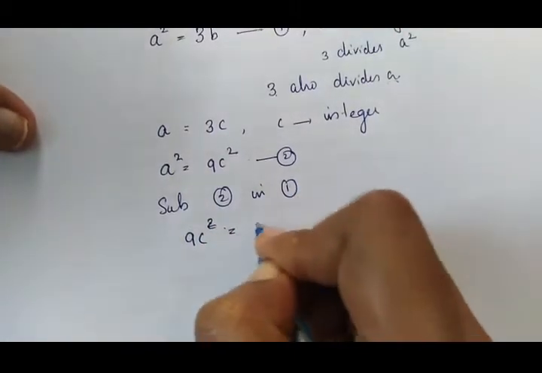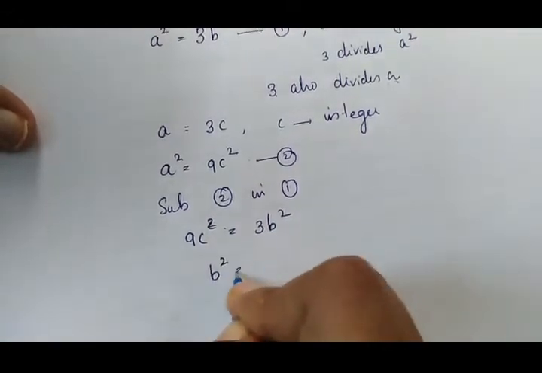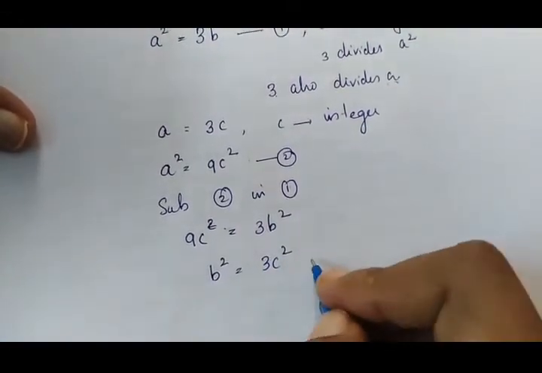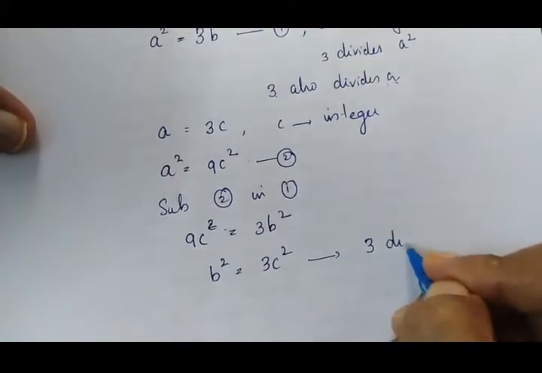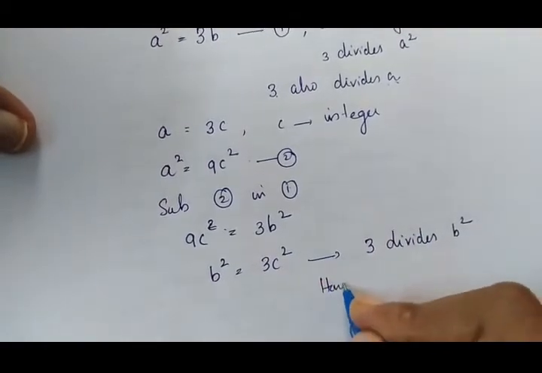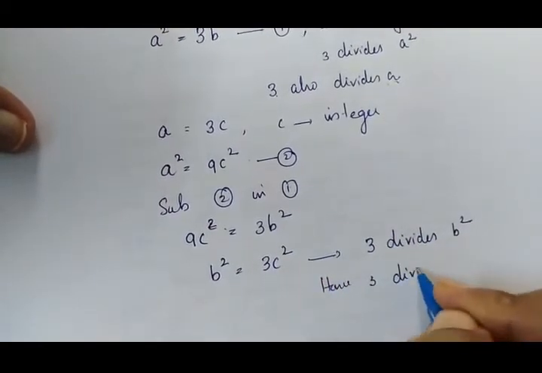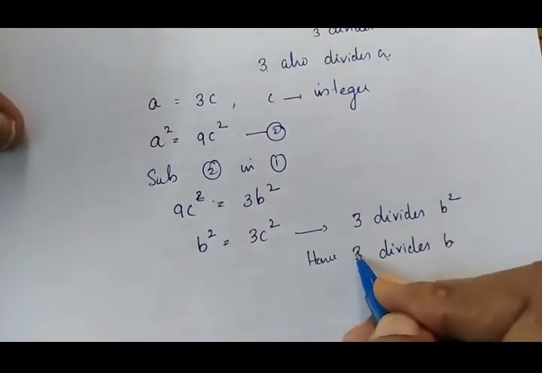9c square is equal to 3b square. b square is equal to 3c square. From this statement, we can say that 3 divides b square. Hence 3 divides b.